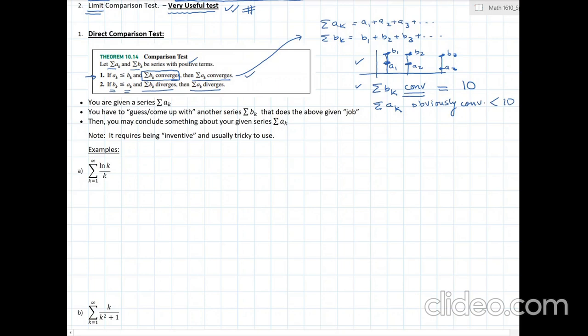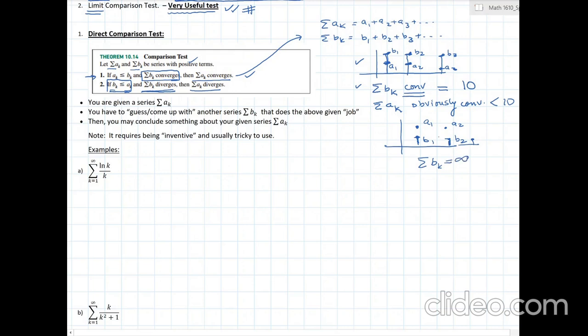On the other hand, if BK's are less than AK's, so if the A's are here and the B's are sitting below, I'm looking at the second case, and the series BK diverges. What does that mean? That means all these heights, B1 plus B2 plus B3 and so on, diverge. So this sums up to infinity.